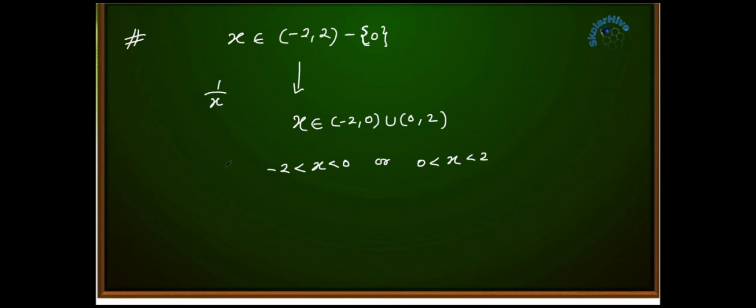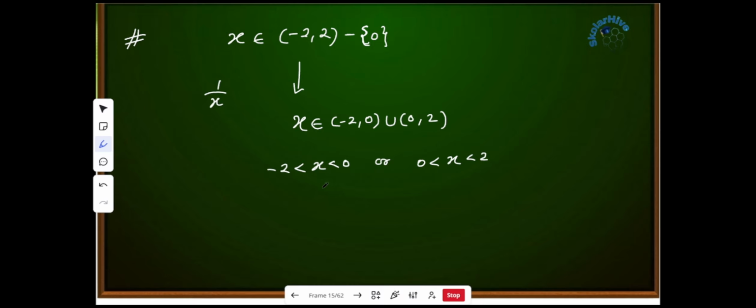Now if we take the reciprocal on either side, we'll get negative 2's reciprocal is negative 1 by 2, and the inequality sign will change from less than to greater than, and this will be 1 upon x, and this will be 1 upon 0. Here the inequality sign is changing because x value is less than 0, so this is negative, here also negative, right? Same side on the other side. So that's why we need to change the inequality sign.